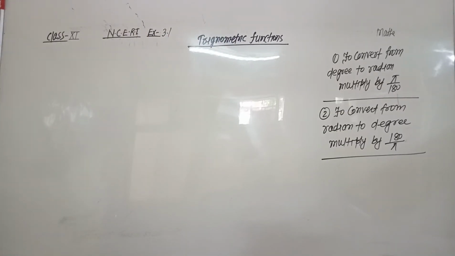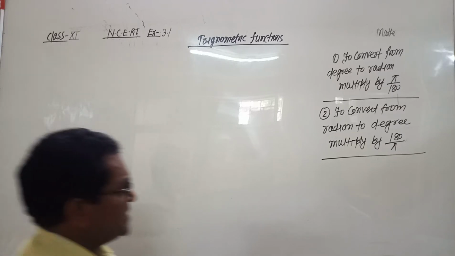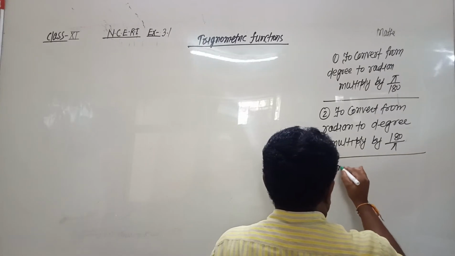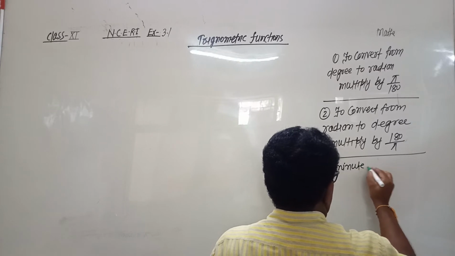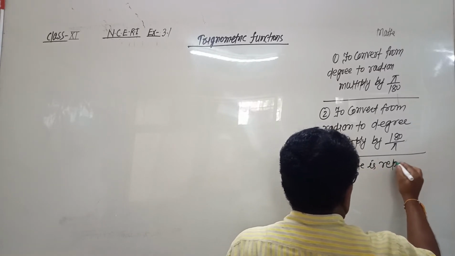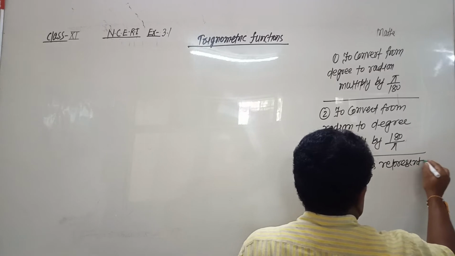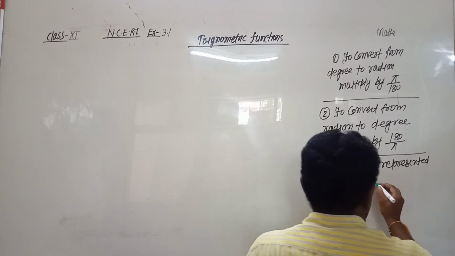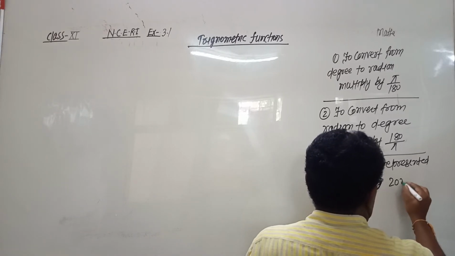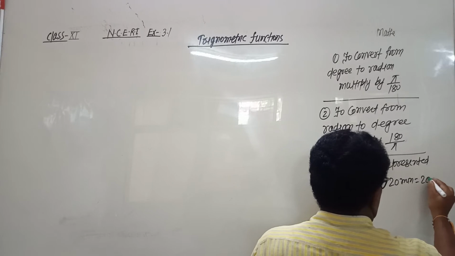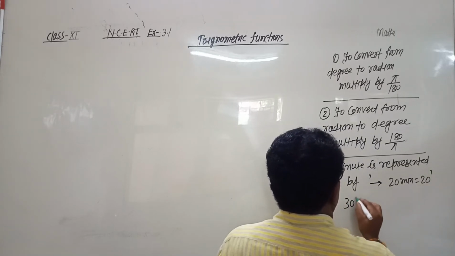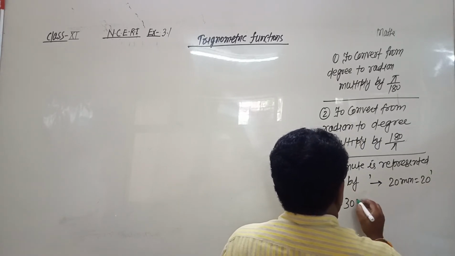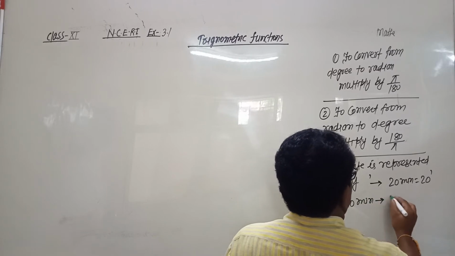Now the other formula is to convert from minute to degree. Minute is represented by a dash. If you have to write 20 minutes, it is written as 20 dash. 30 minutes is written as 30 dash.